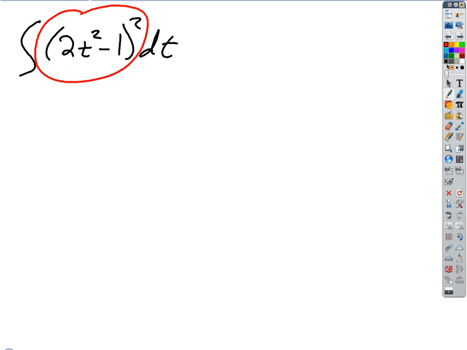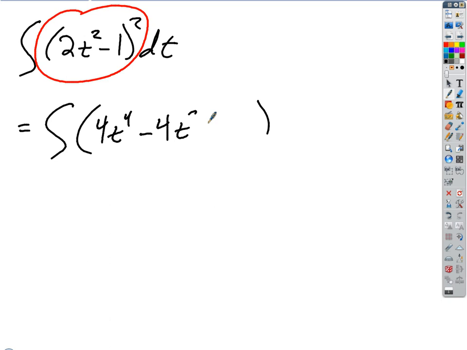So I end up with the antiderivative of a bunch of stuff. If I expand that out, what do I get? Good, I get first term squared, so 4t to the fourth, then 2ab, so that's a and that's b, so minus 4t squared plus b squared.